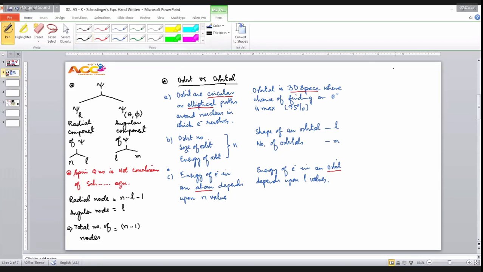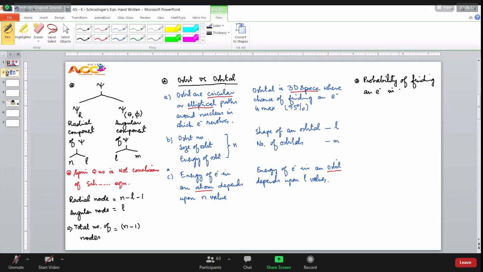I'll just simply say like this, that suppose you want to discuss the probability of finding an electron in 3D space, then I require study of three properties.